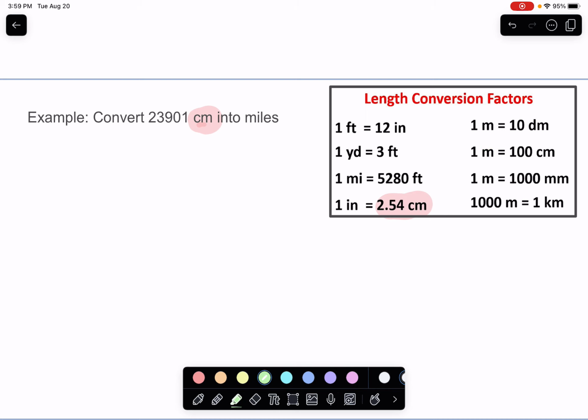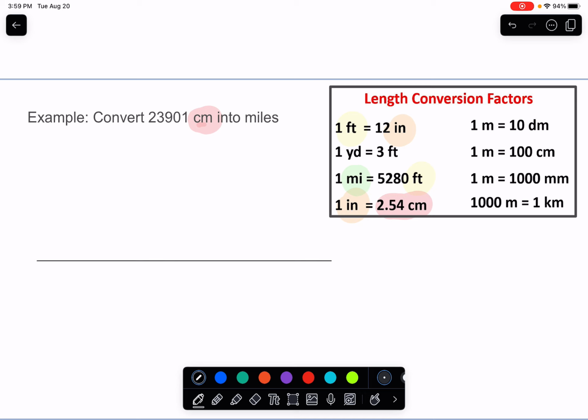So I could change centimeters into inches first. Once I change centimeters into inches, I could change inches into feet, then feet into miles. And that'll get me from centimeters to miles.